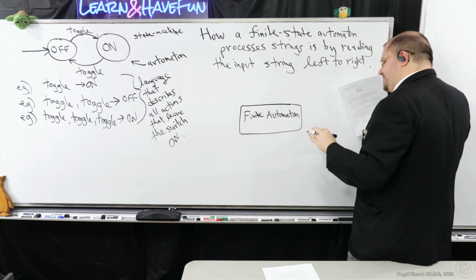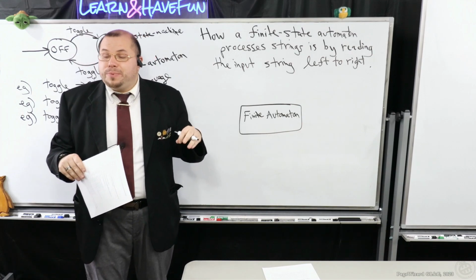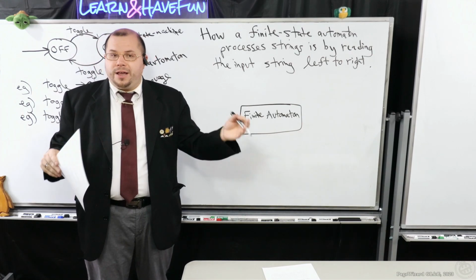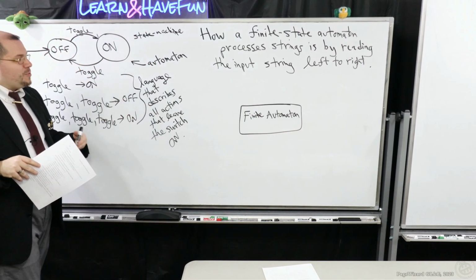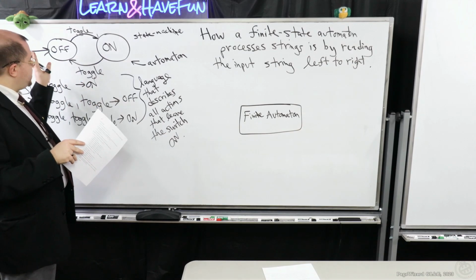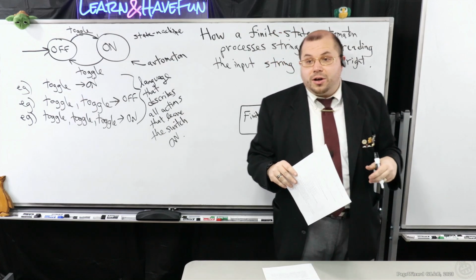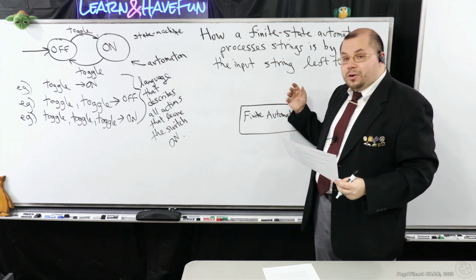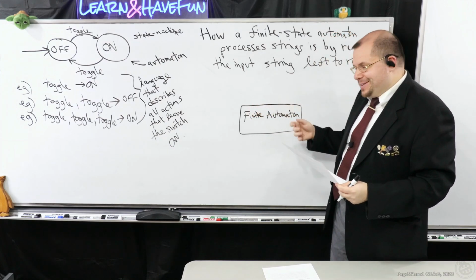And I must stress that by adding features to this machine, we can potentially decide more languages by recognizing them, right? But what we're going to talk about are just finite state automatons. So that means they're going to have a finite number of states, just like I have 2 toggles here, like two possible states I can toggle between. They're also going to have a couple limitations as well. So let's talk about that now.